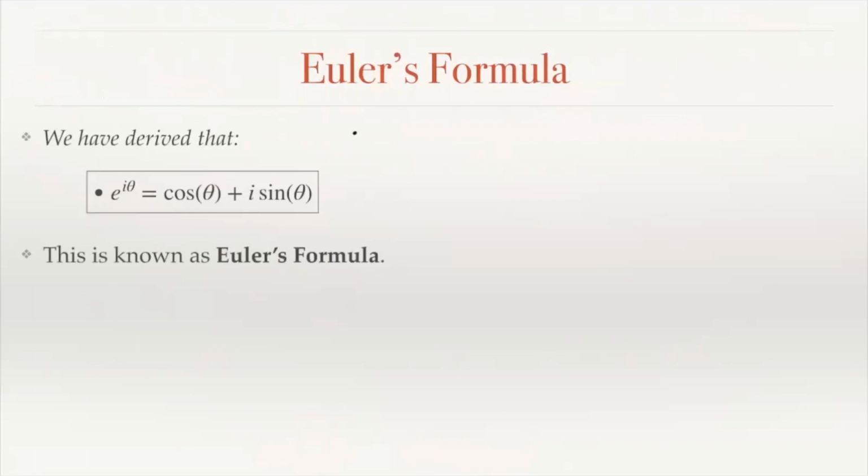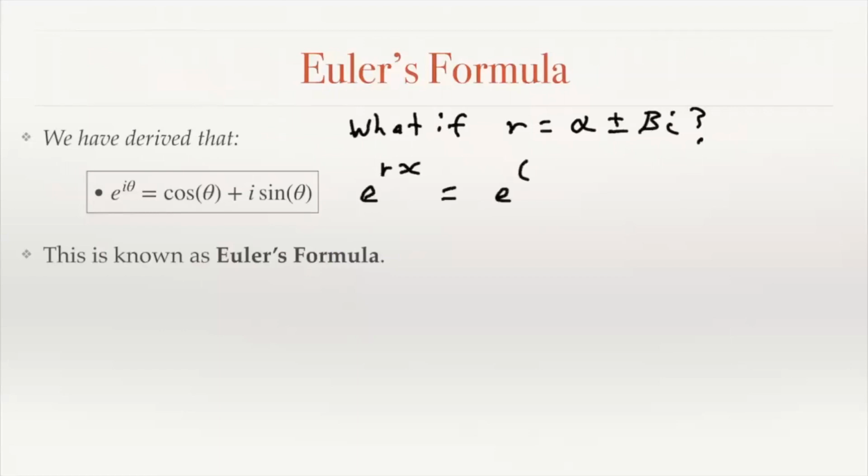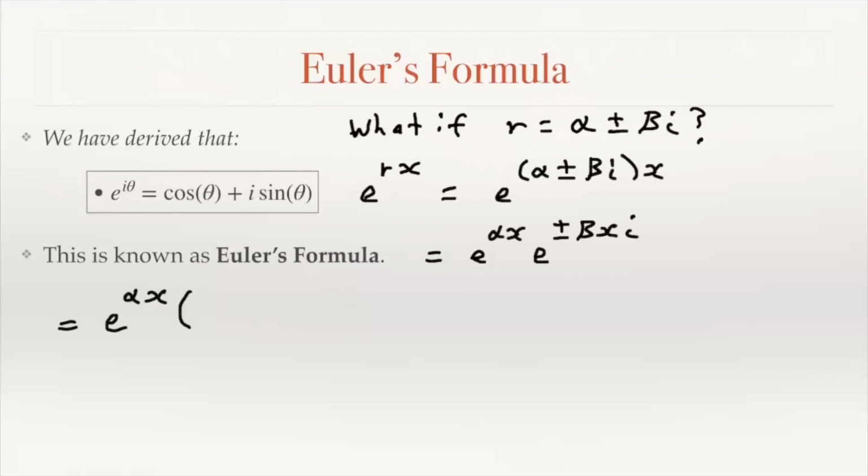And what we're interested in is what if r is equal to alpha plus or minus beta i? Well, then what we want is e to the rx, right? Which is e to the alpha plus or minus beta i x, which is e to the alpha x times e to the plus or minus beta x i, which is e to the alpha x times, by Euler's formula, cosine beta x plus i sine plus or minus beta x.